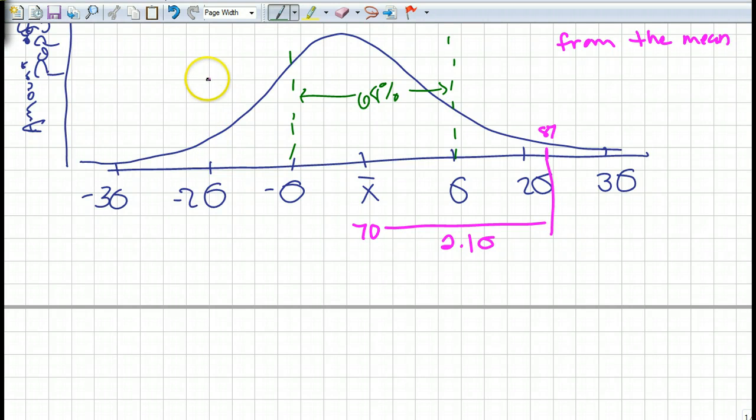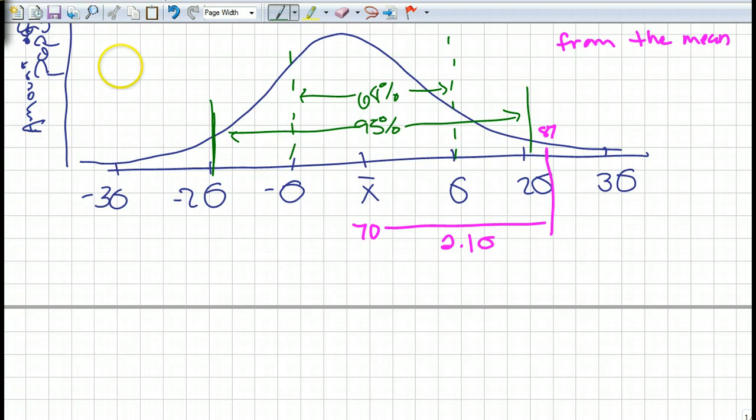Anybody between a standard deviation of -2 and +2, 95% of the population is in between these two lines. And then the larger one, going from -3 to 3, 99.7% of the population is in between these two lines.